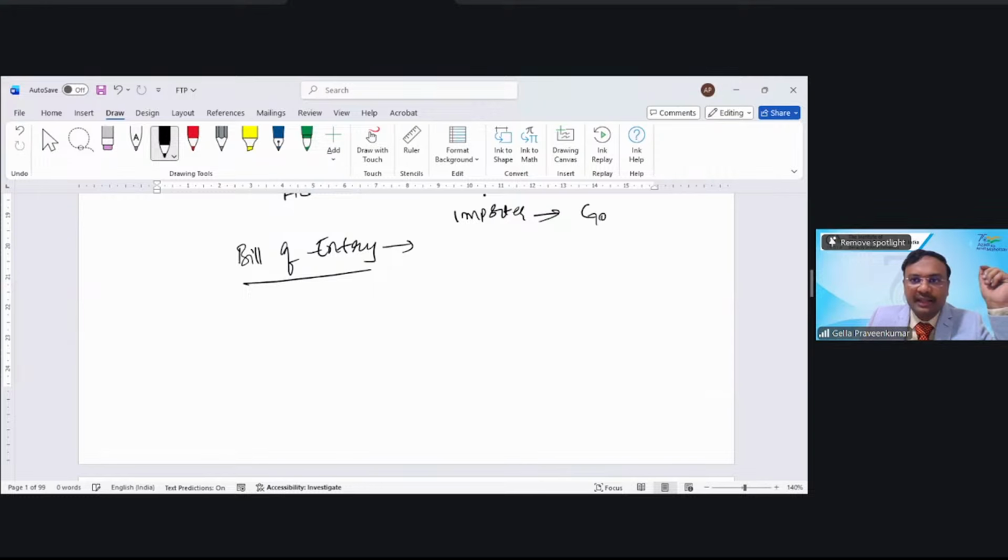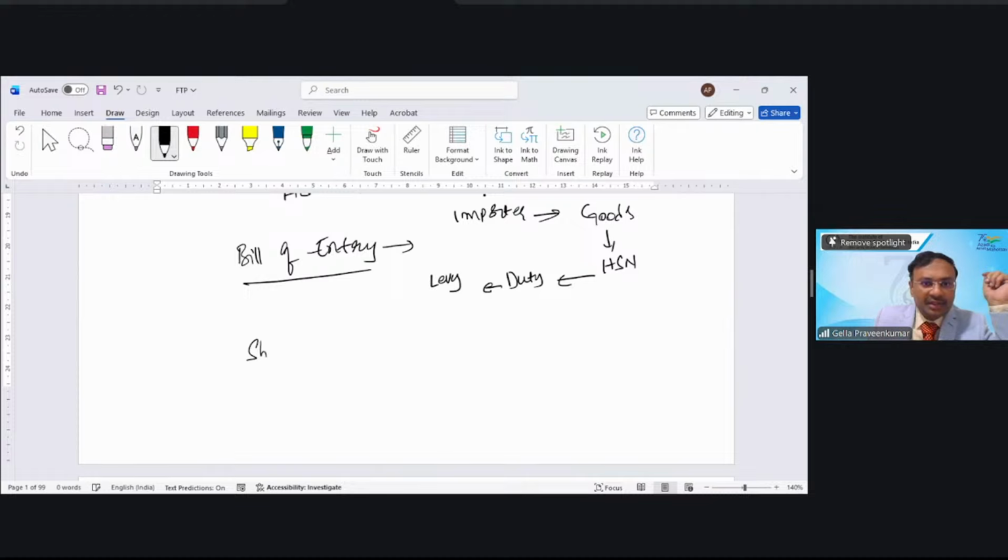What goods he has imported? What is the corresponding HSN? For that, what is the duty rate? On these goods, what is the kind of levy which happens? This is in relation to my bill of entry.